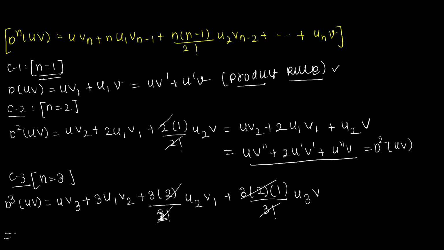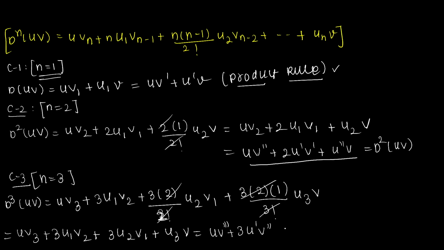So I'll be getting the final result as u v_3 plus 3 u_1 v_2 plus 3 u_2 v_1 plus u_3 v, which can be written as u v triple dash plus 3 times u dash v double dash plus 3 times u double dash v dash plus u triple dash v. Cool, so this is the final result for d3(uv).